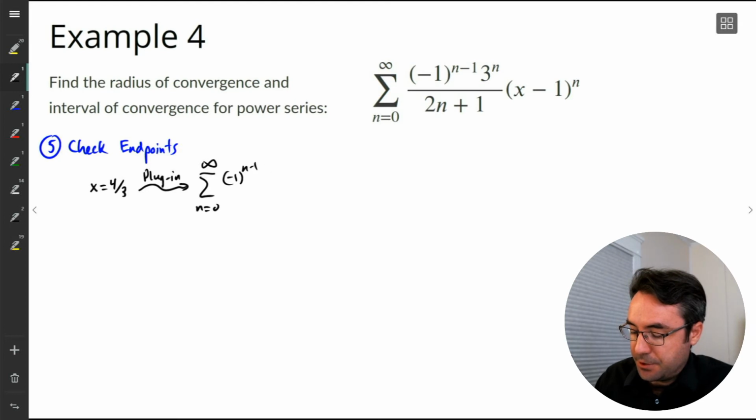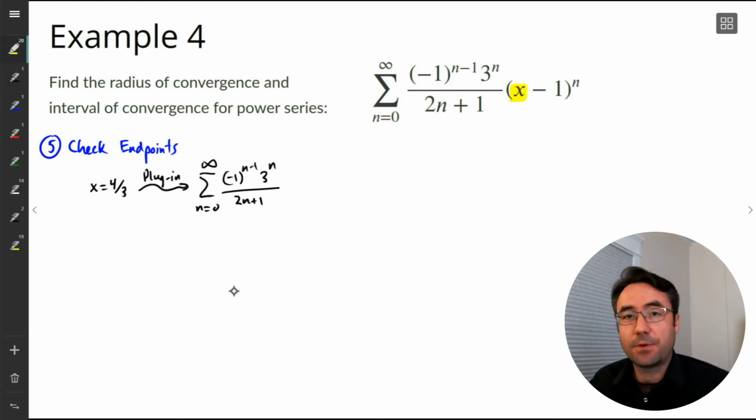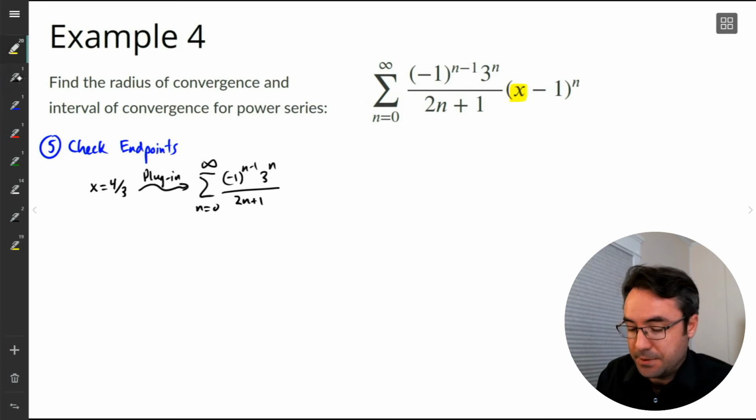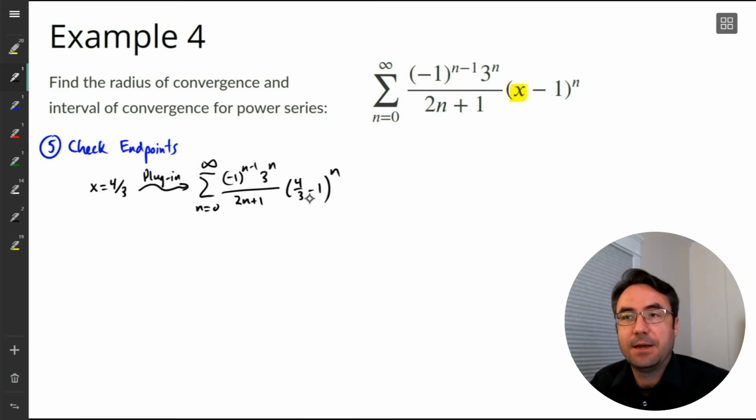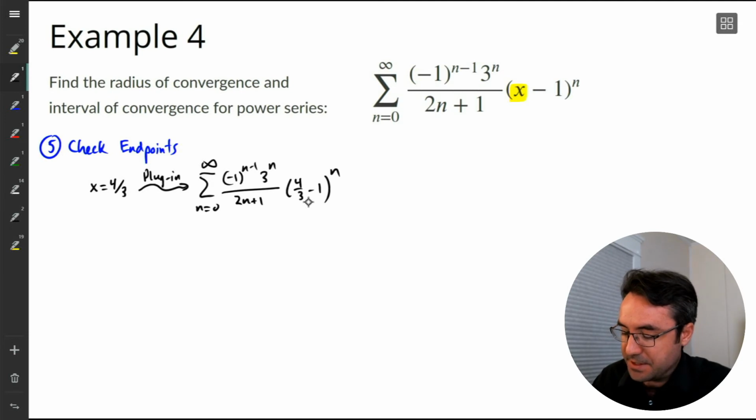Our coefficient terms are going to stay the same. And then wherever we see an x, we're going to change that to 4/3. So we end up with 4/3 minus 1 raised to the power n. All right, so let's clean this up a little bit. Let's simplify this.